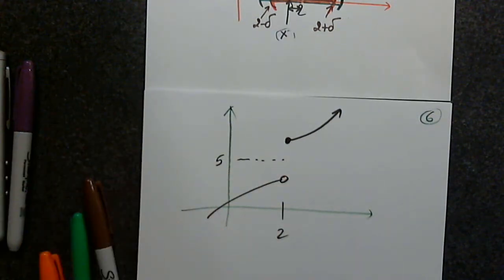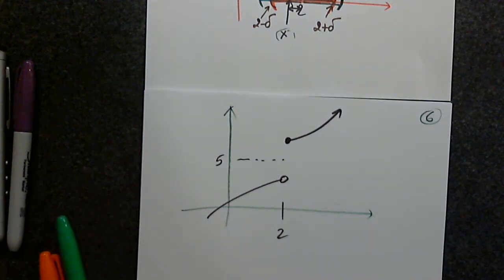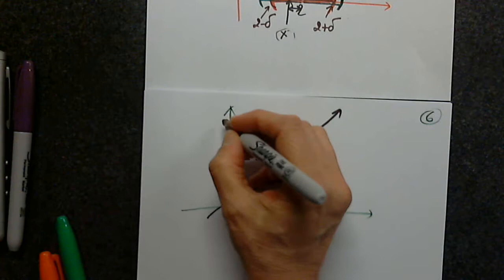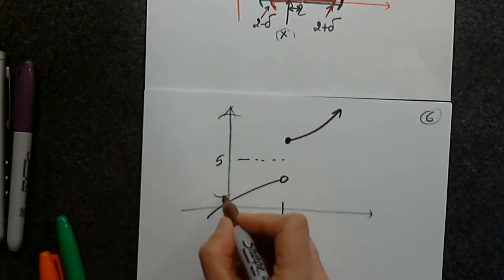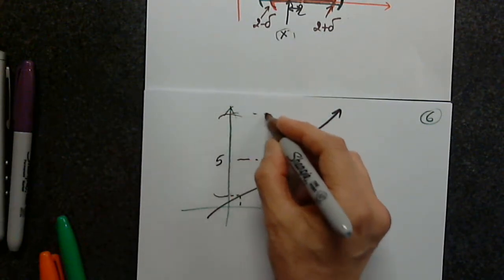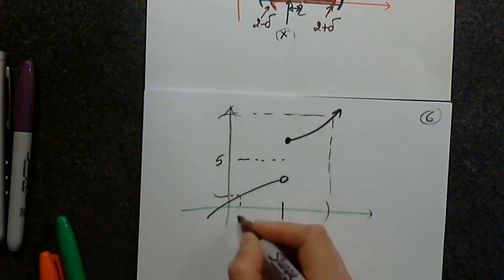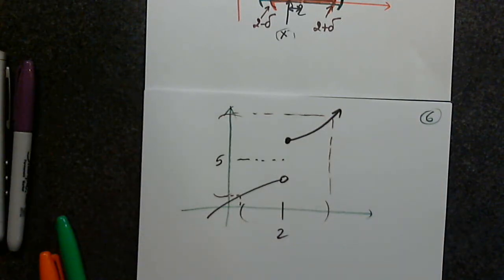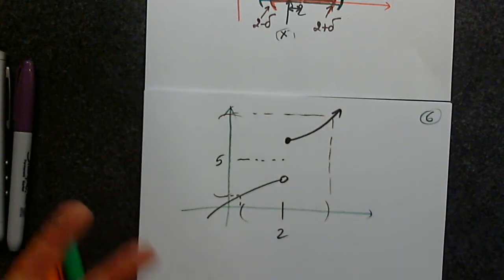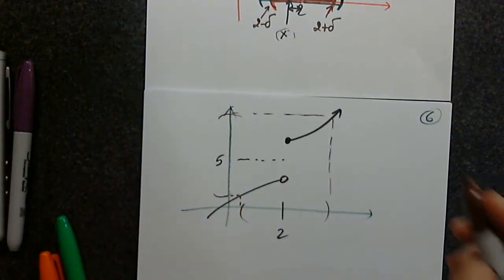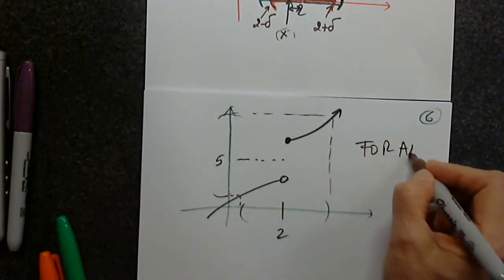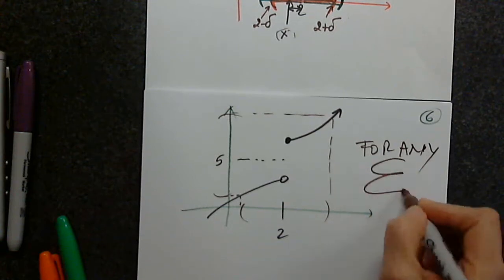But now I zoom in, and you can say, well, the limit exists, because if I use this epsilon, you can find your delta. So the limit exists. But the keyword is for any epsilon.